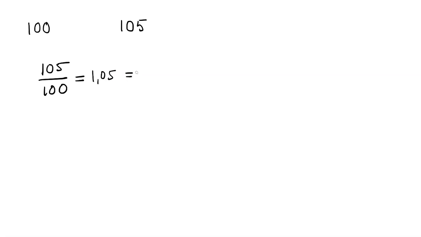And this we can write as 105/100ths. Of course, we could see that directly also from there. So this is 105%. So comparing to the original value, the new value is 105% of the old one. So the increase is 5%. So that's an example of how to calculate interest in the bank.